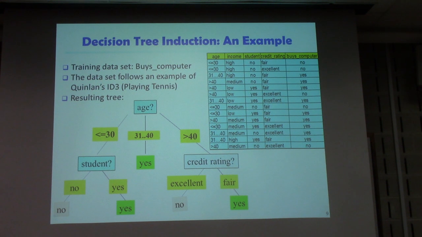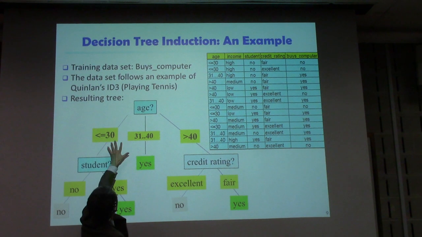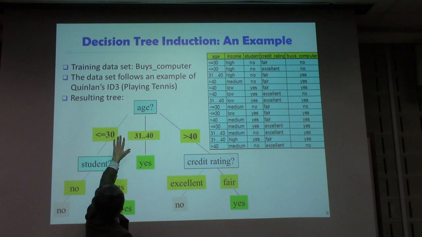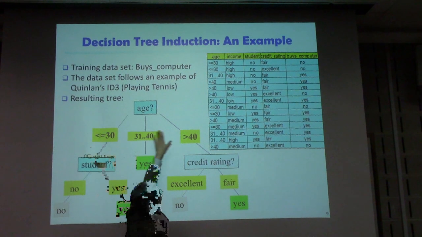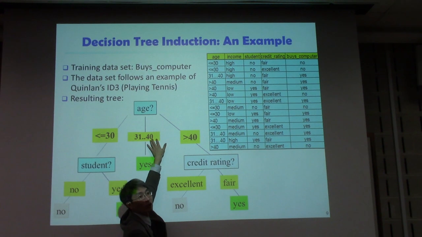So if we can find the attribute, for example, forget about the less than 30, only two labels of the age, okay?